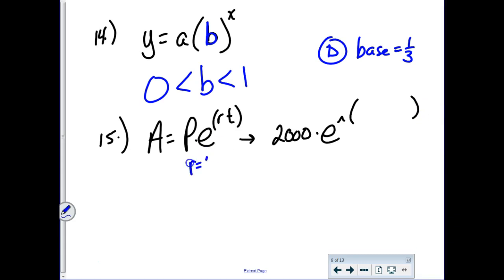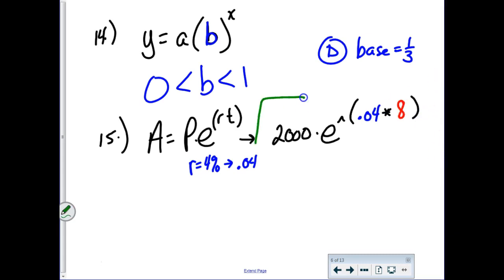So if r is 4%, be careful guys, how do you write 4%? 0.04, good. And then you're going to multiply that by how many years you leave your money, and if you keep reading, it says 8 years.